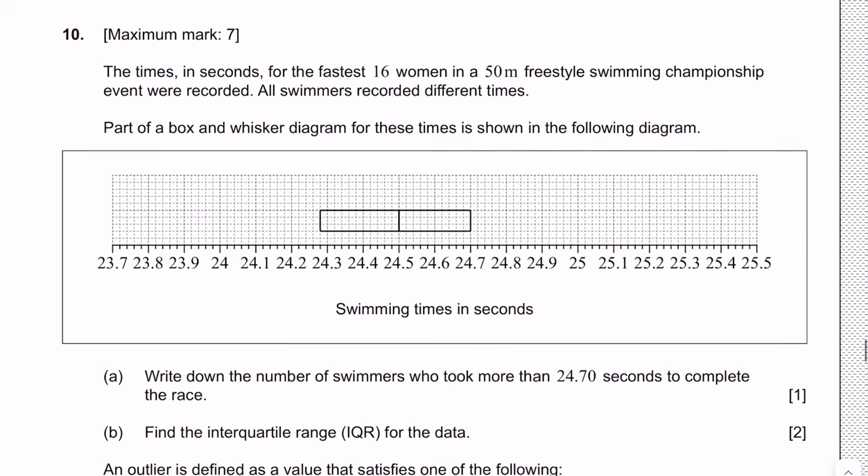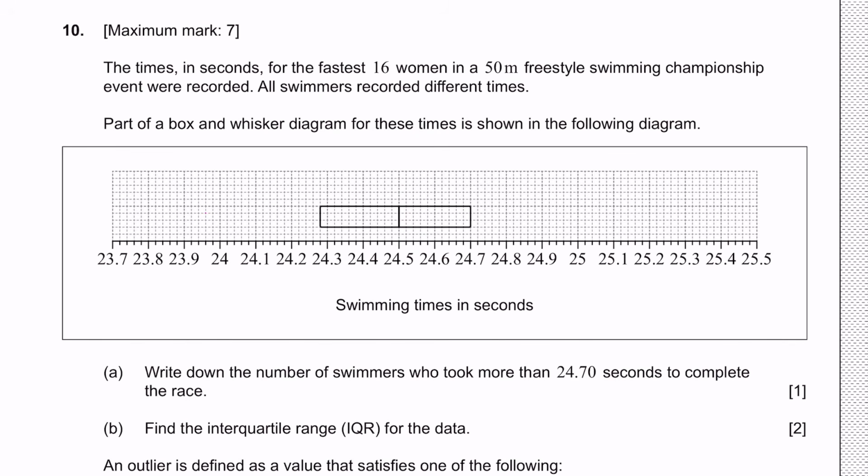So remember, a box and whisker plot divides a data set into quarters, or quartiles. So we have 25% here between the minimum and Q1, 25% here, 25% here, and then 25% here between Q3 and the max. So if there were 16 women in total, we could expect 1/4 of the data set to be within each of these sections.